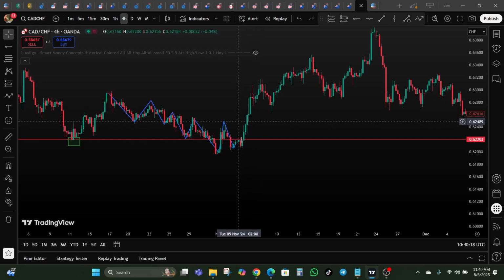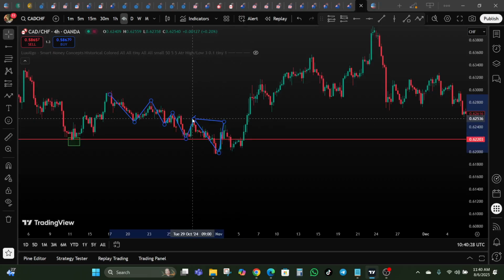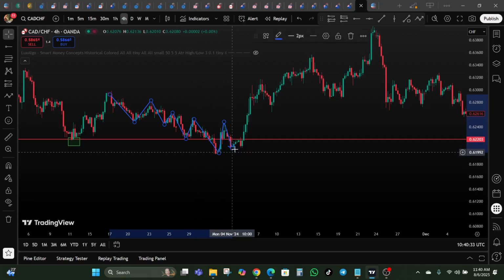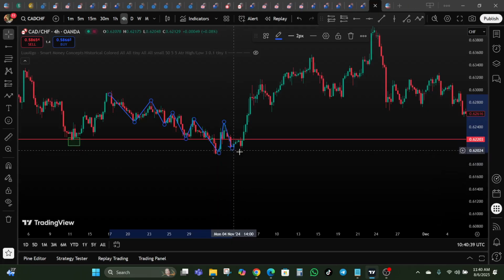All right, you can see that this was still lower than this, right? But we had a higher low here. So this higher low was what changed the narrative.